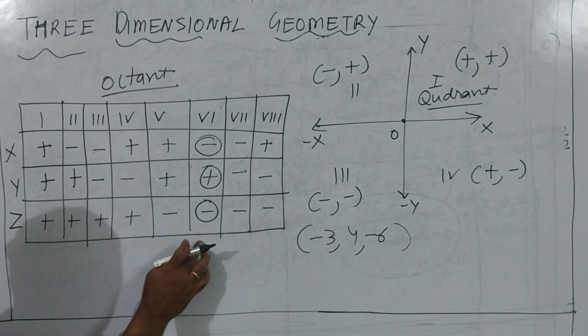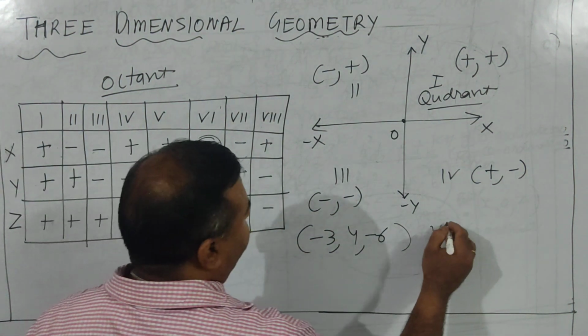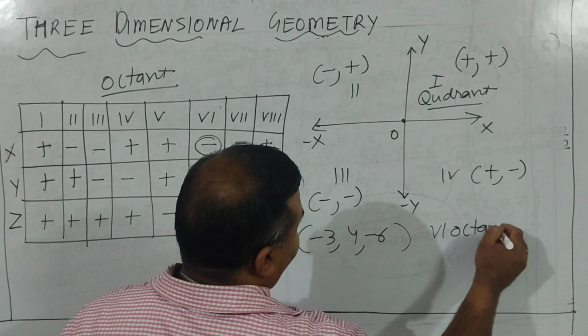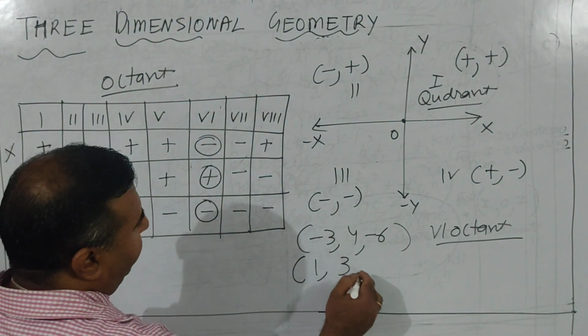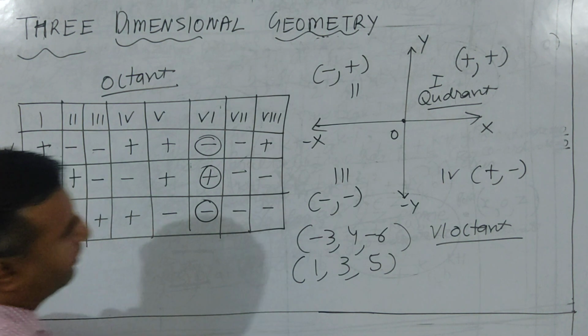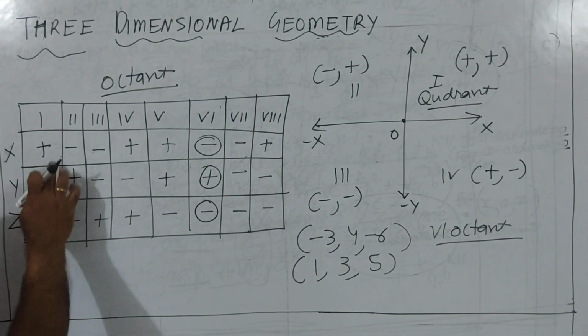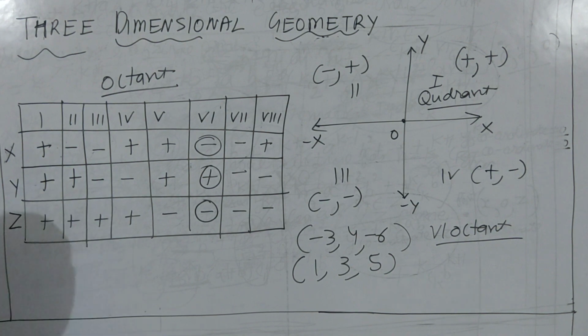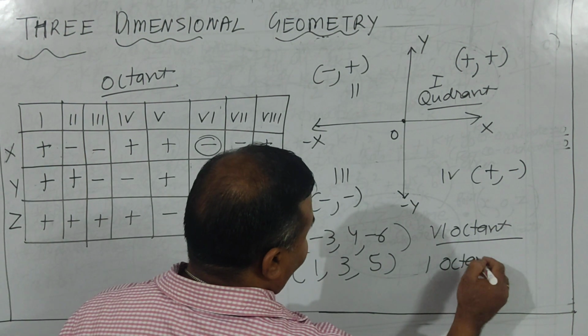Minus, plus, minus: this is the 6th octant. Similarly, if I ask about (1, 3, 5), in which octant does it lie? All are positive: positive, positive, positive. So this is the first octant.